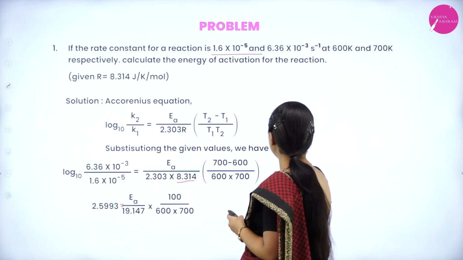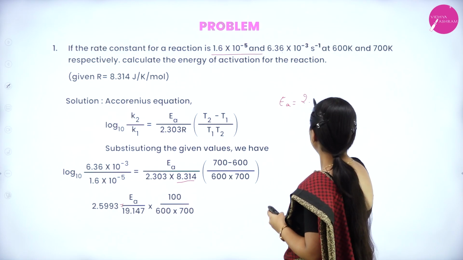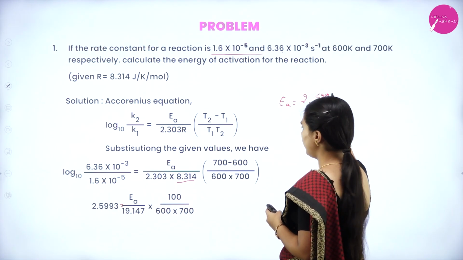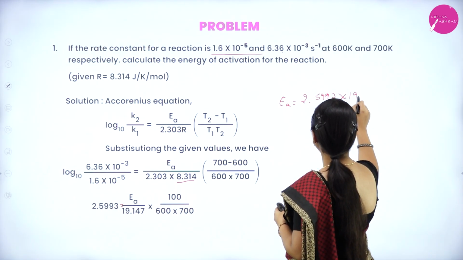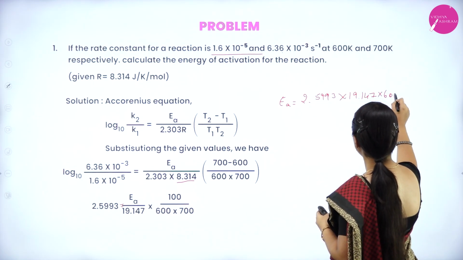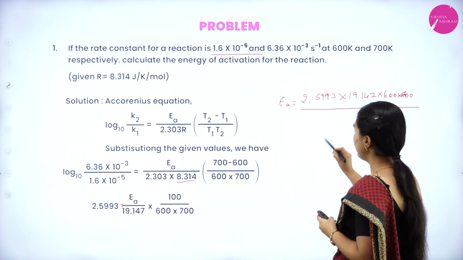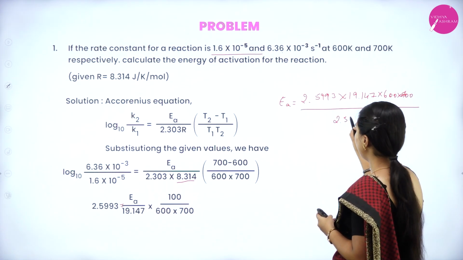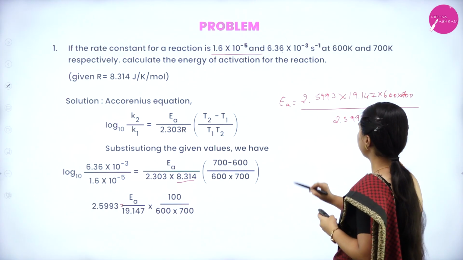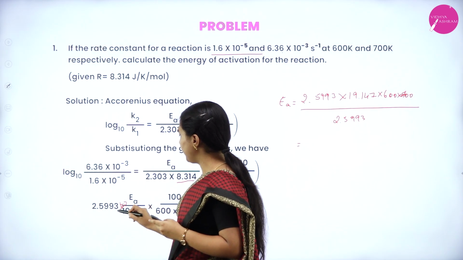And here the next step is Ea equals 2.5993 into 19.147 into 600 into 700 divided by 2.5993. Okay, this only we have cross multiplied.